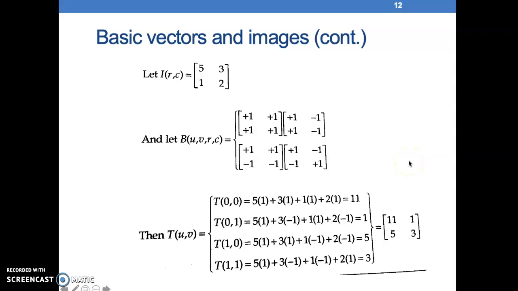So this is the concept of projecting a spatial domain to a frequency domain.